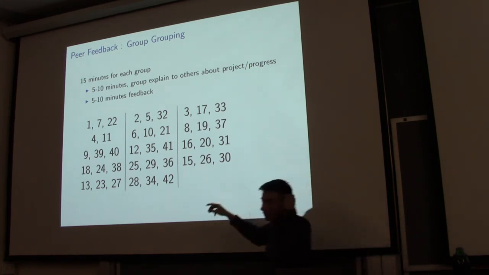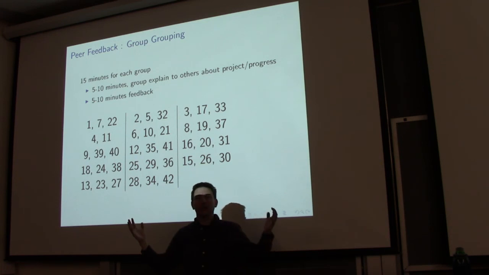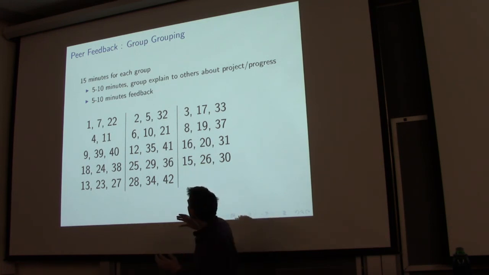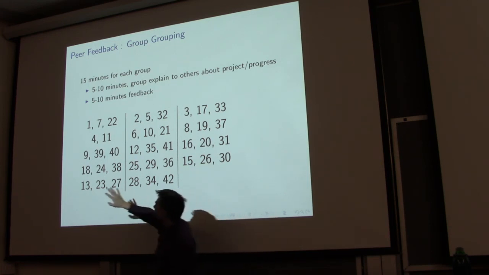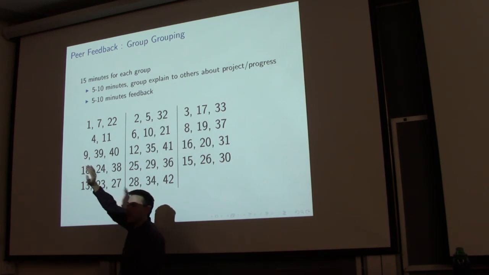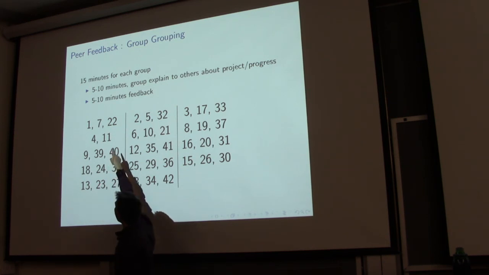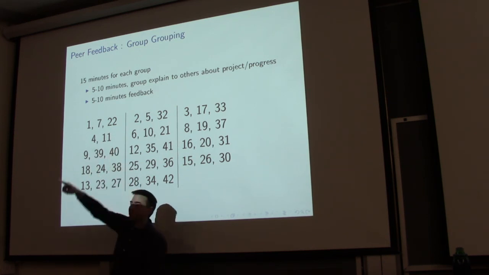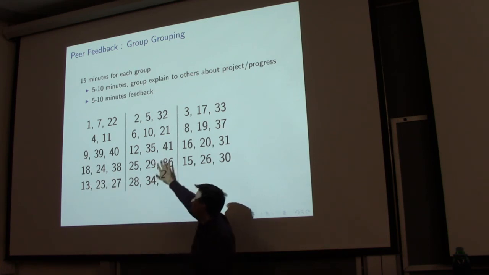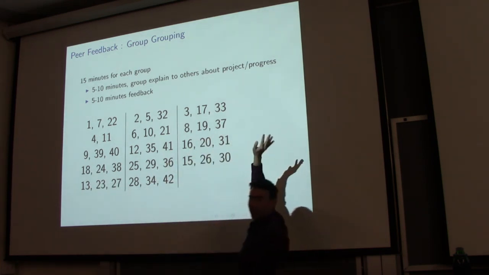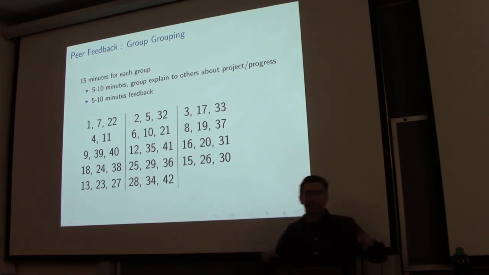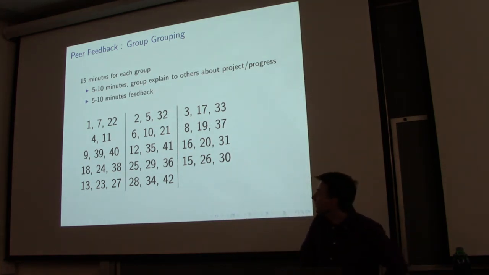So just to try and help you organize a little bit, if you're in these groups, why don't you try and make your way over to this side of the classroom, and the higher groups towards the back, these towards the front, these in the middle, and these on this side of the classroom.